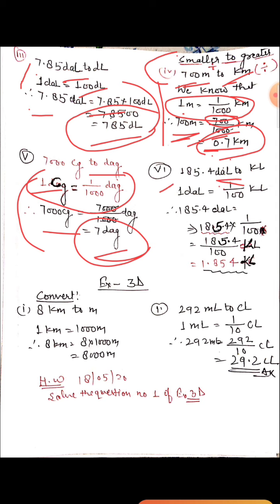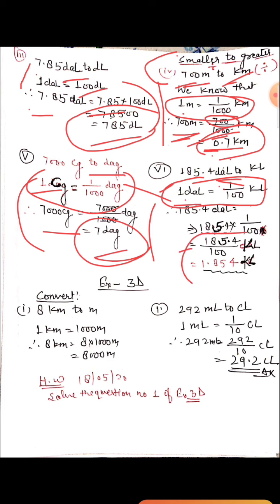Now the sixth question is to convert 185.4 deciliter to kiloliter. If you know the metric units, meaning the units of capacity, then you can solve easily. 1 decaliter is equal to 1 upon 100 kiloliter. This is very important. If you know the units, then you can solve easily. Therefore 185.4 decaliter is equal to 185.4 multiplied by 1 upon 100, then 185.4 upon 100.